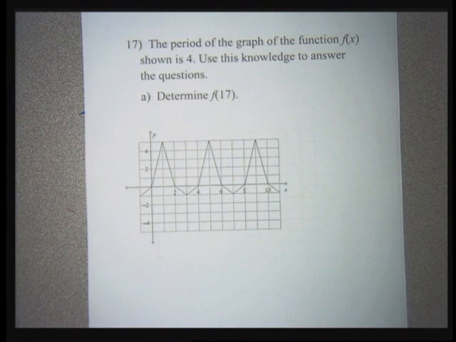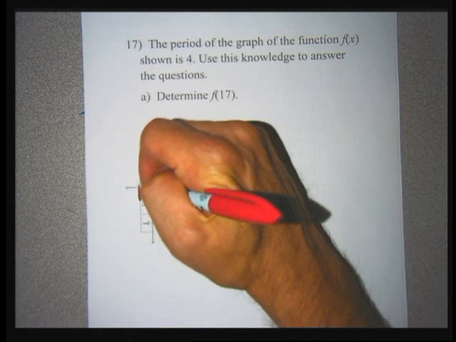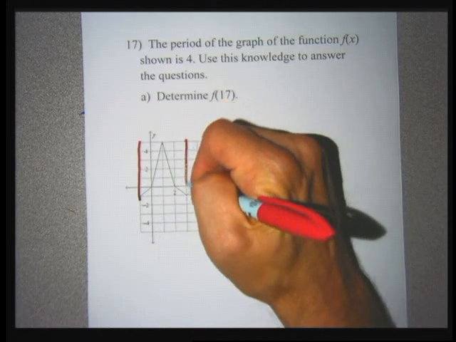So this problem says that there's a graph that has a period of 4, which means every 4 it repeats itself, and I can kind of see that. I can see this whole graph. Like here I would call one period of the graph. Between here and here I see kind of the picture.